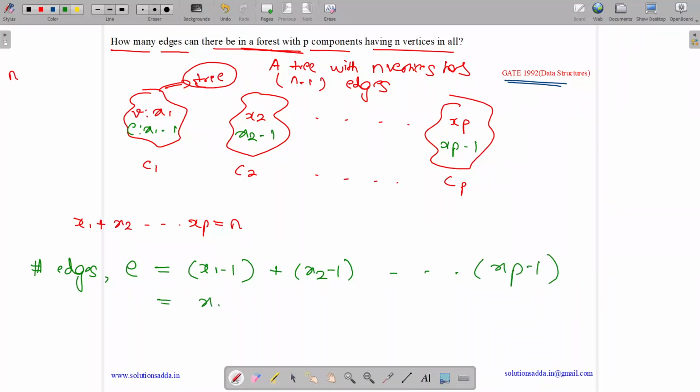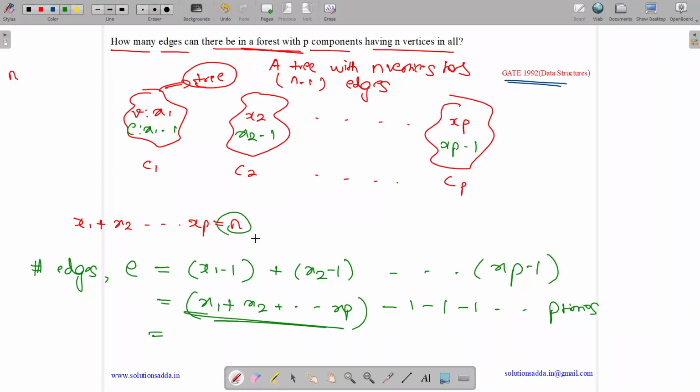Let us expand it. Let us take all the x terms together: x1 plus x2 up to xp, minus 1 minus 1 minus 1 up to p times. So this value equals n. So we have n minus 1 p times, which is 1 into p. So the number of edges equals n minus p. So the answer is n minus p.